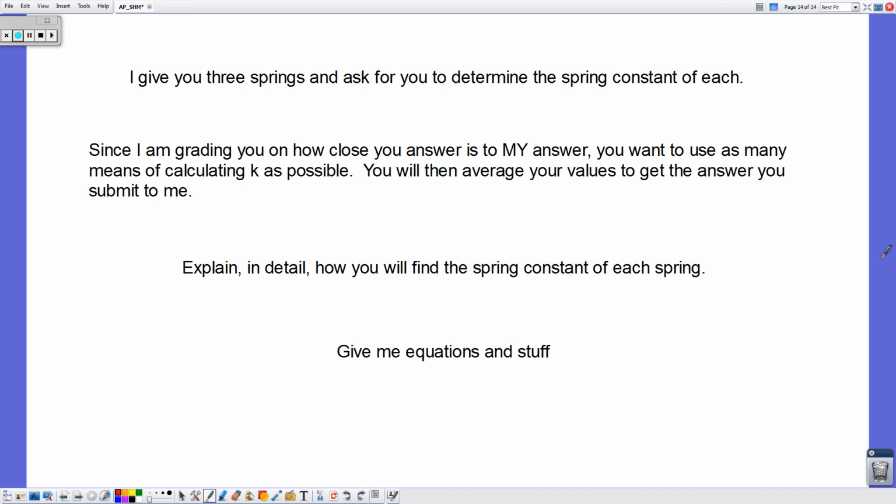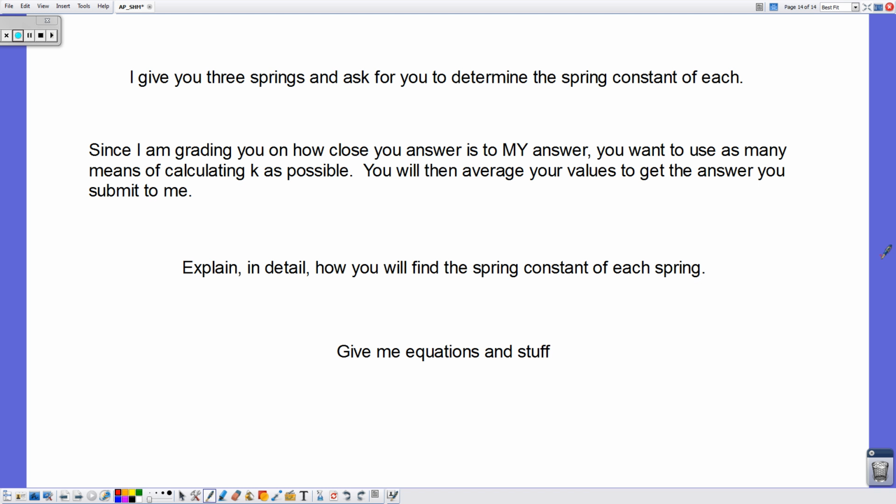So I need you guys to design me a lab. I'm going to give you 3 springs. I want to know the spring constant for each spring. But here's the thing. Your grade depends on how small your percent error is. That means that you cannot leave this to just one calculation, or even just one type of calculation with numerous trials. No. You need to find me the spring constant using as many methods as you can possibly think of, using multiple trials for each method, and then average all of your answers.